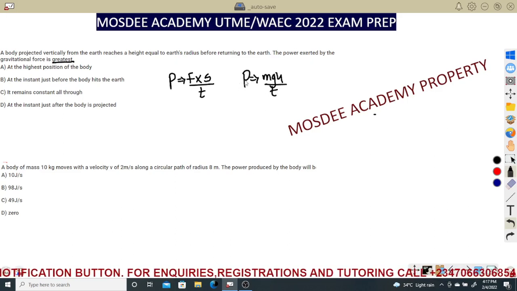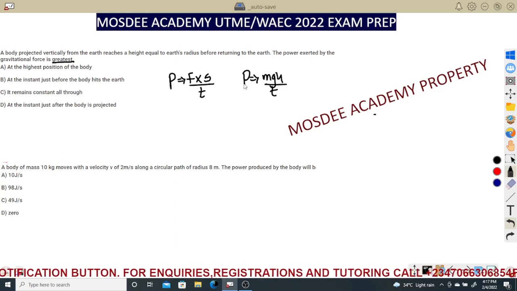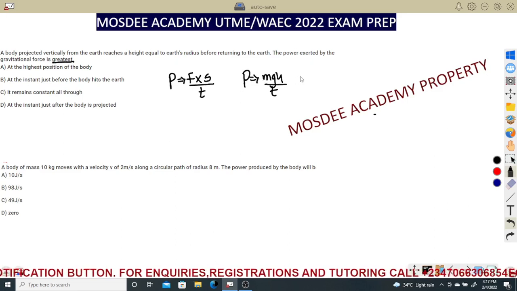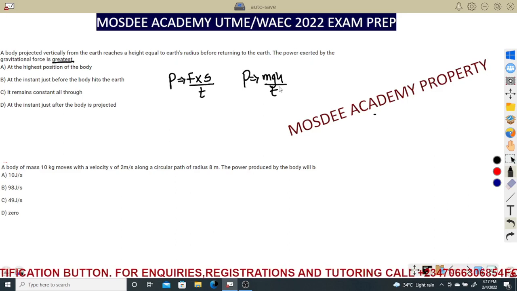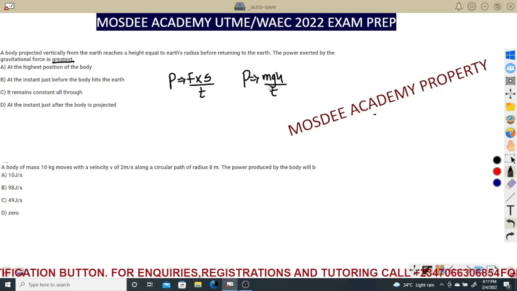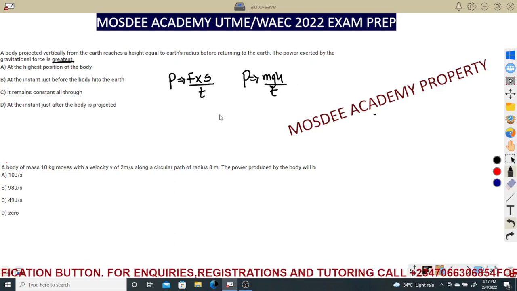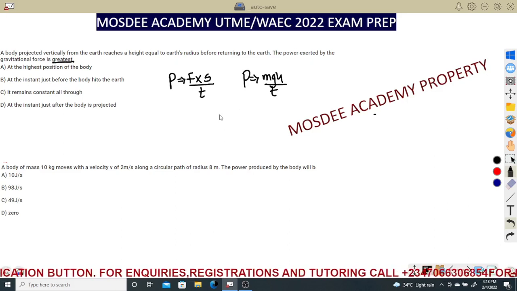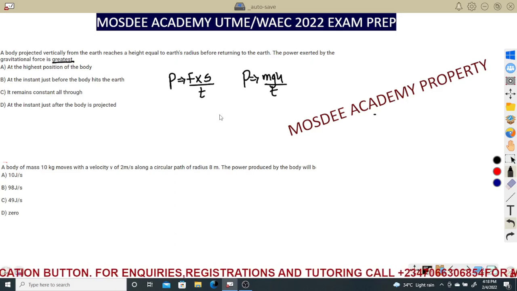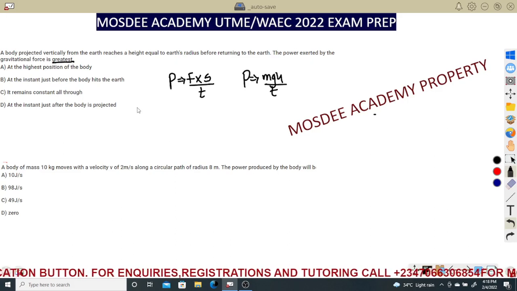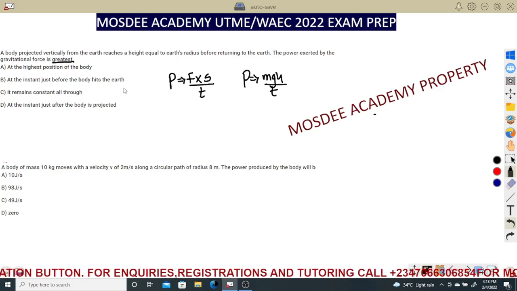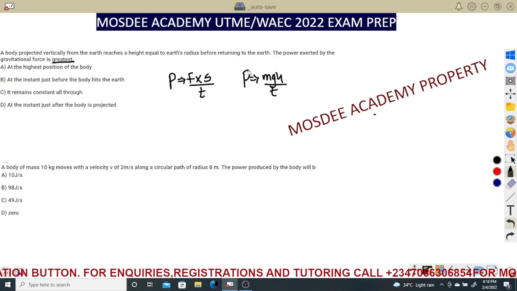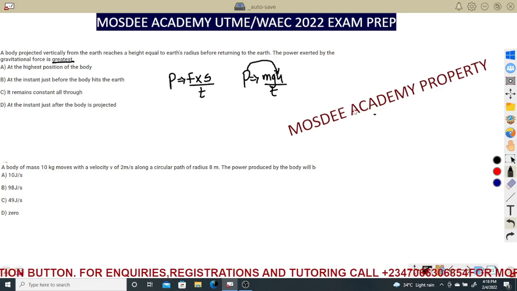So it can be inferred that power here is proportional to the height, a direct relationship. I'm using formula because I think that is what most of you like, to get answers. But normally, you should always understand that power is proportional to height.